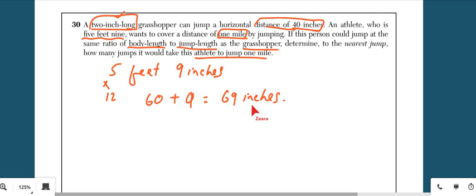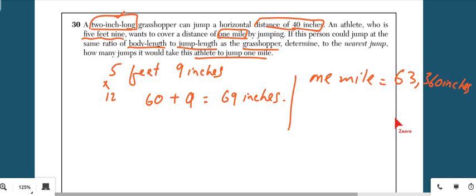If you convert 1 mile into inches, you must know that 1 mile is equal to 63,360 inches. 63,360 inches is equal to 1 mile. Is it clear? Any confusion?